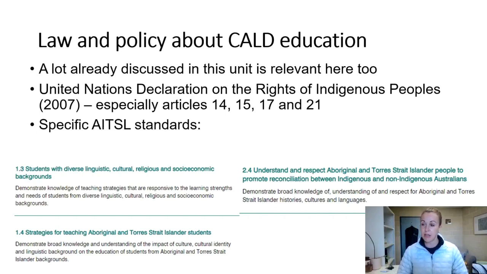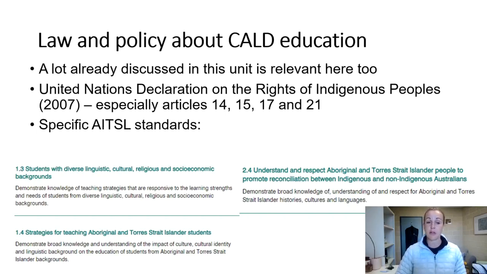So we start to get a flavor here in this declaration right away that Aboriginal and Torres Strait Islander people in Australia have a right to share responsibility for education with non-Indigenous people.